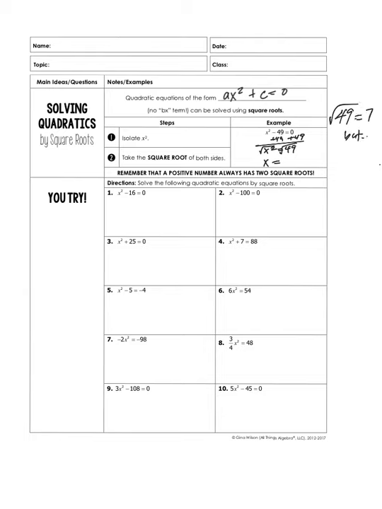But for every square root, there are two answers, and that's what this is referring to here. Every square root has two answers. So yes, 7 times 7 does equal 49. So 7 is the square root of 49.